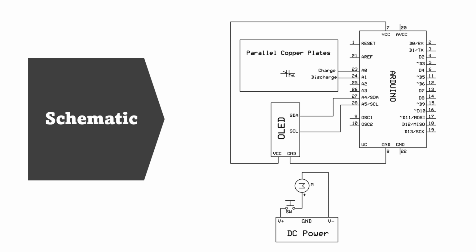This is a really simple representation, because right now the device is based on the internal resistances and the parasitic capacitance of the pins. Previously, it was a little more complicated with a few additional resistors and capacitors attached, but right now it's just the charge and discharge pin, the parasitic capacitance and the internal resistances. We also have the DC powered motor which is used to pump the liquid through the catheter that goes through the entire device.